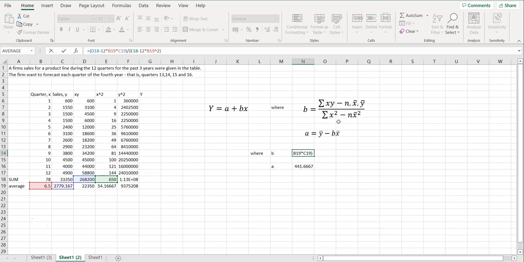So we can develop a formula for this as shown in this formula tab.